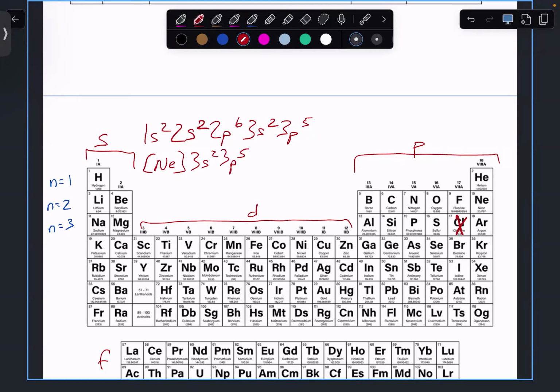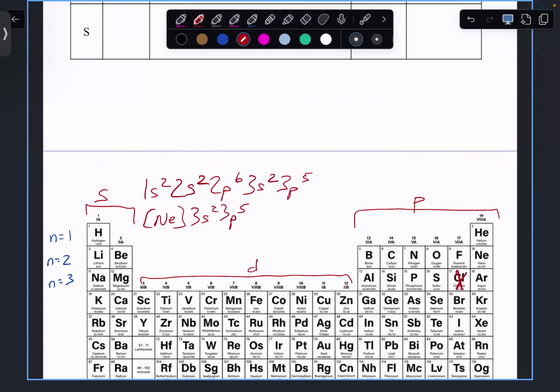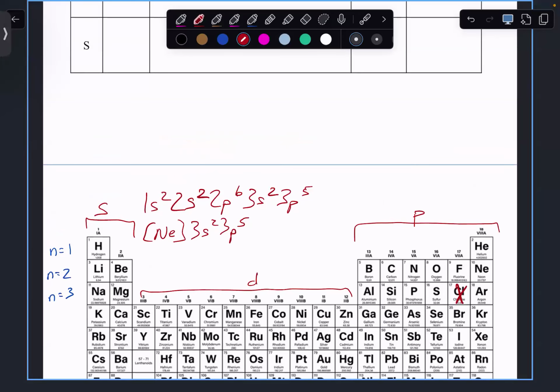So that would be the noble gas shorthand. The other thing that this shorthand does for us, which is kind of nice, is it distinguishes between the inner or core electrons from the valence electrons. When I say valence electrons, I mean the outermost electrons.